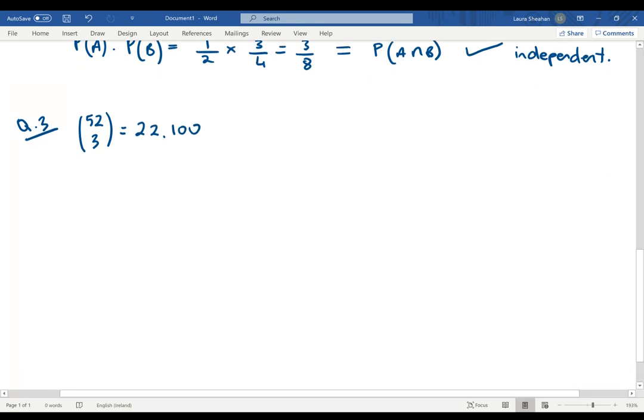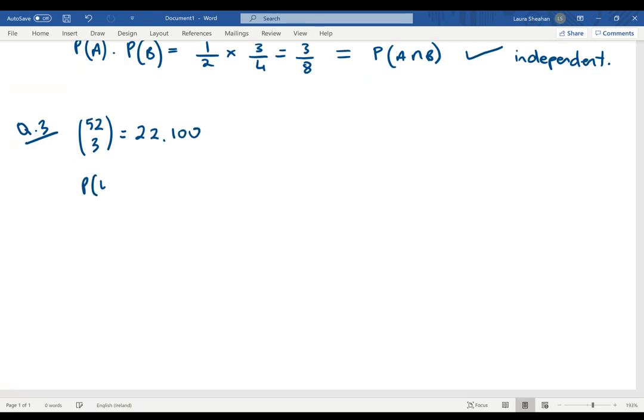I'm now looking for the probability of E, which is that all 3 cards are kings. I would have to choose 3 from the 4 kings.